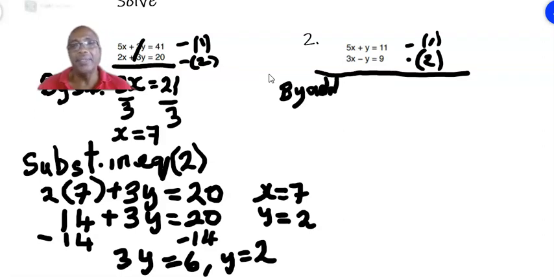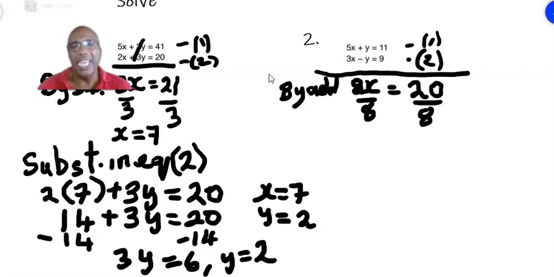So by addition, we add the x's, 5x plus 3x is 8x. The y's will cancel out, plus y plus minus y is just nothing. And 11 plus 9 is 20. So to get x, we divide by 8 on both sides of the equation.